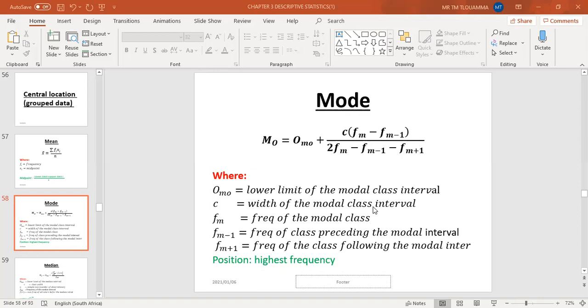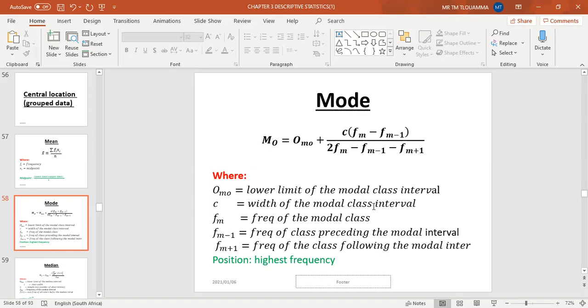Fm minus 1 is the frequency of the class preceding the modal class. You must understand it. You see, this Fm minus 1 is a formula on its own. They don't say you're going to minus 1. This is just the formula on its own.